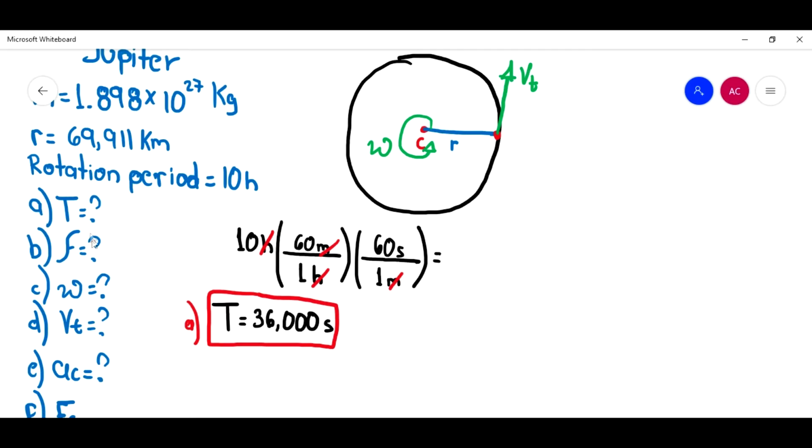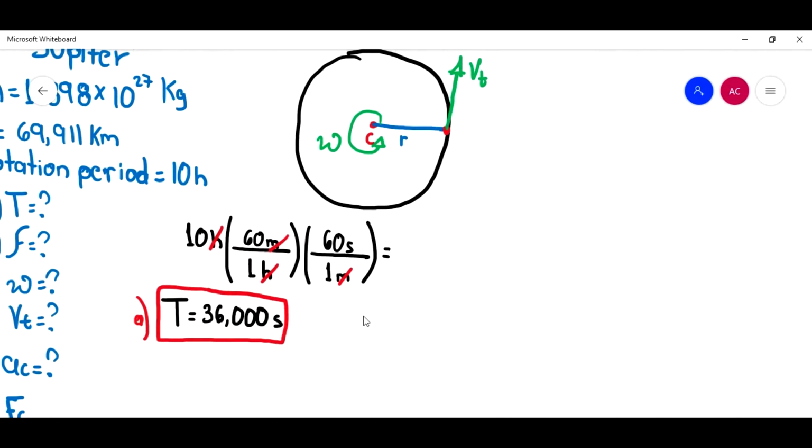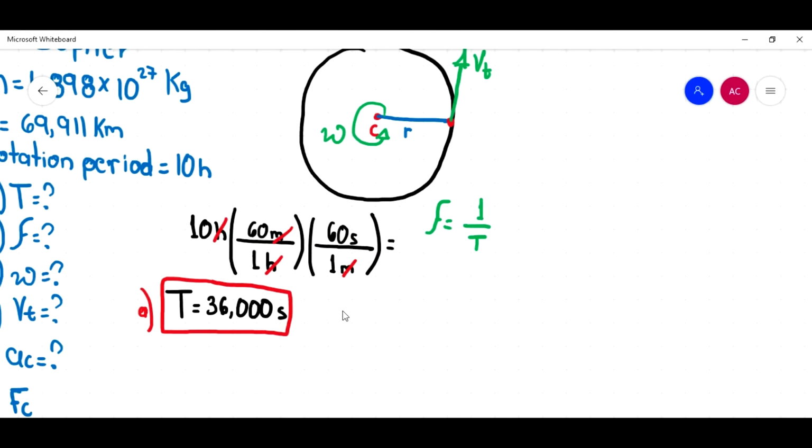So what about the frequency? If you remember in the previous video, there is a formula that says frequency equals 1 over the period. So if we find the period, we're going to find the frequency.